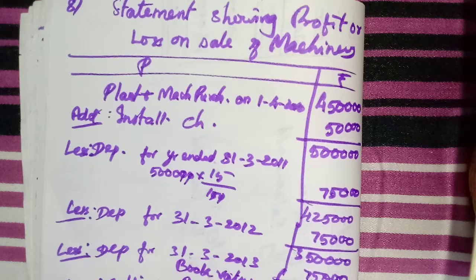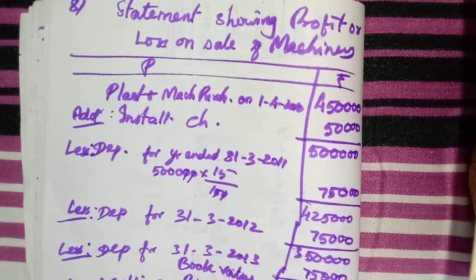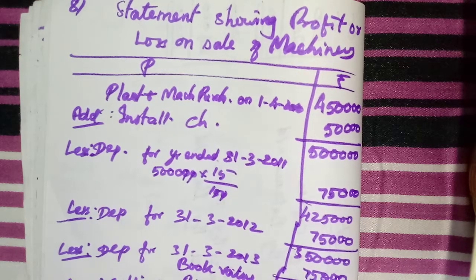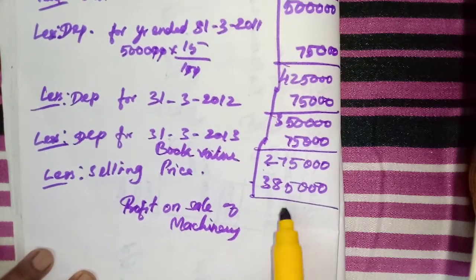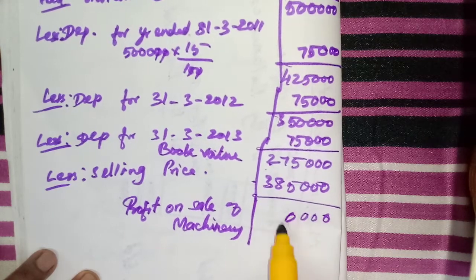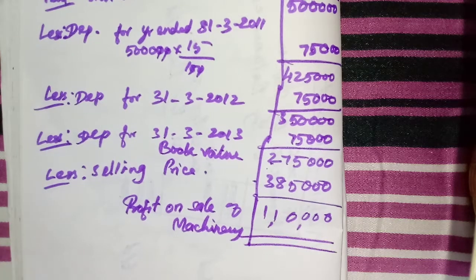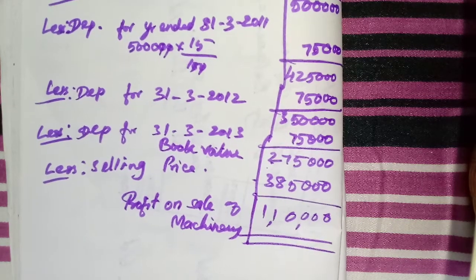So what is it? Profit on sale of machinery. From here we need to subtract. 8 minus 7, 1; 3 minus 2, 1. So 1,10,000 is the profit on sale. Understood now?